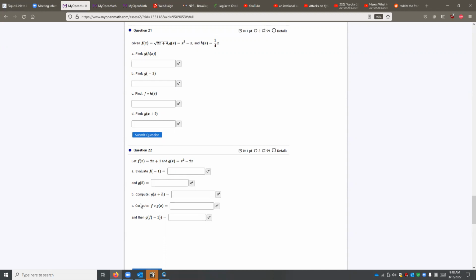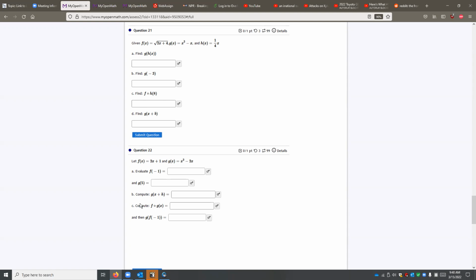And we're told to find g of x plus h, and also f of g of x, and then compose the other way, g of f of -1.